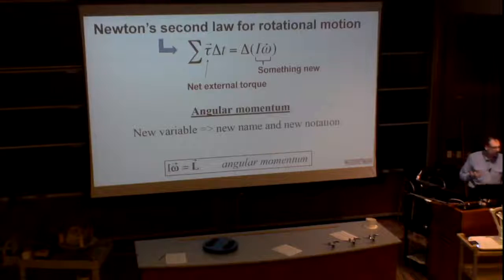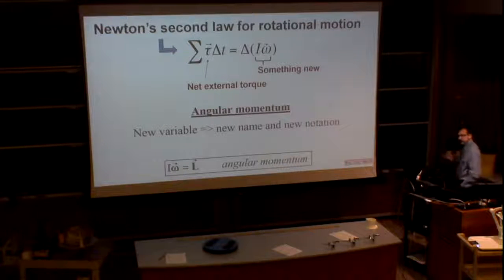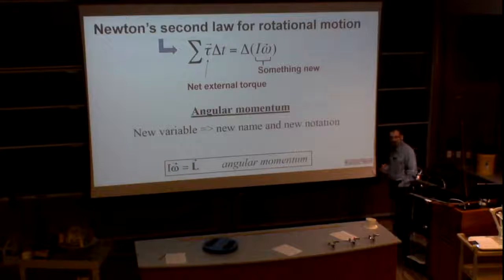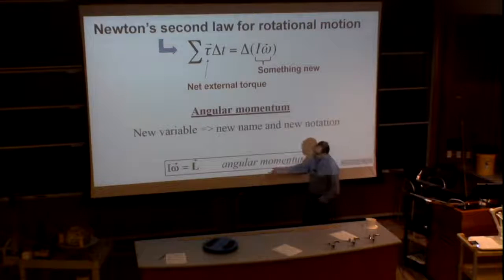Now we get a new quantity, so we have to name it. And of course we call it angular momentum. A standard variable which represents angular momentum is a capital L.